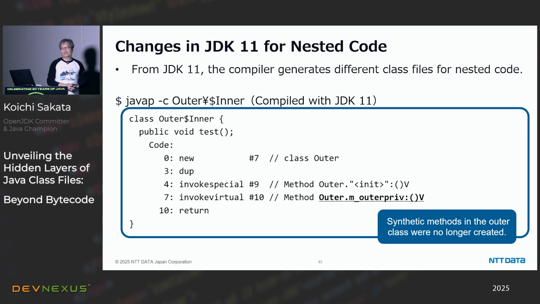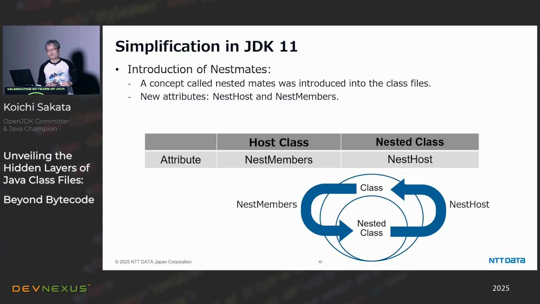In other words, synthetic methods in the inner class were no longer created, and calling private methods of the outer class from the inner class was simplified from JDK 11. To achieve this, a concept called nestmates was introduced into the class files. Nestmates defines new attributes, NestHost and NestMembers.